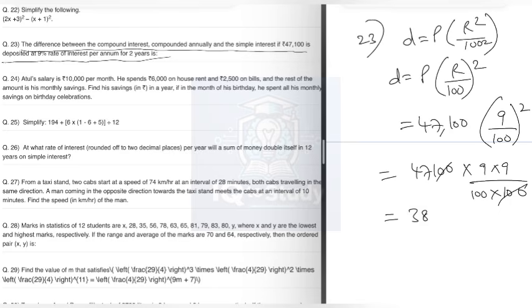That is 381.51. So the difference between compound interest and simple interest for 2 years is 381.51.